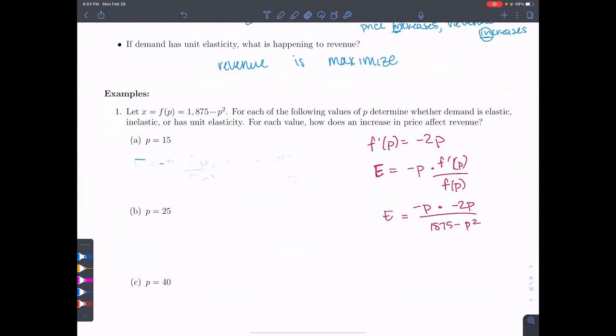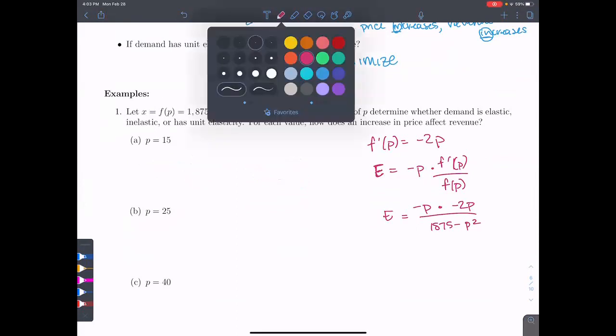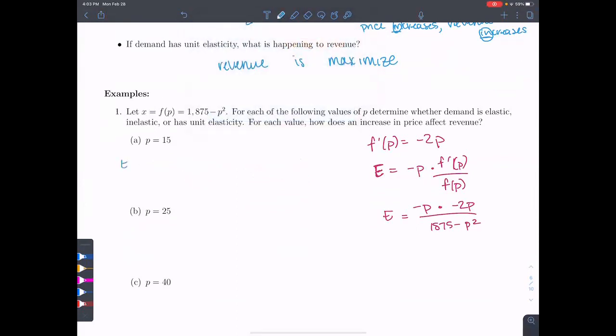Let me erase this. So when P is 15, we're looking at E is negative 15 times negative 2 times 15 over 1875 minus 15 squared, which is going to be 450 over 1650, which is less than 1.